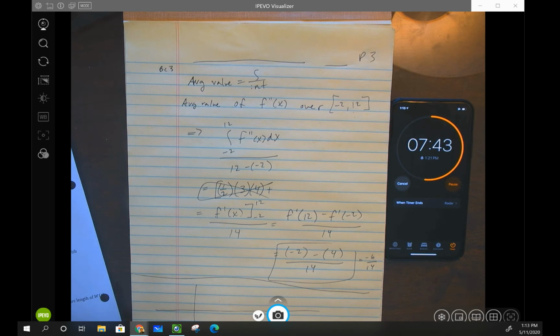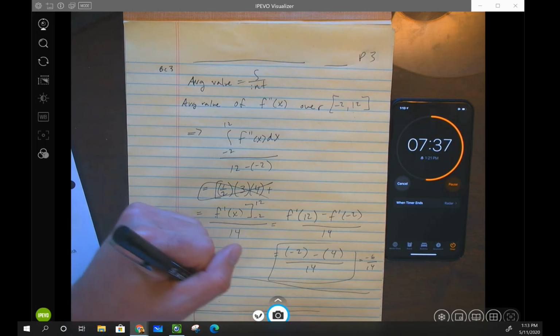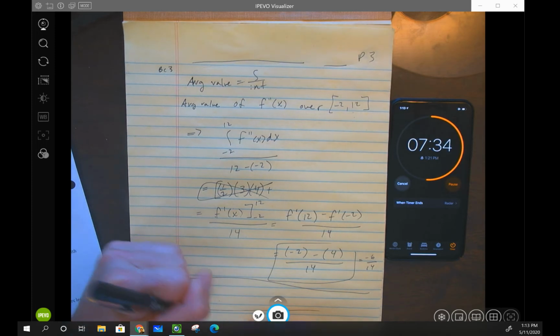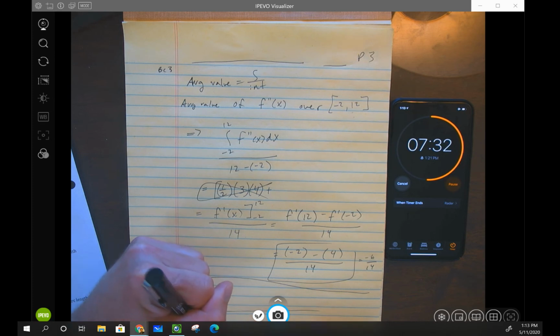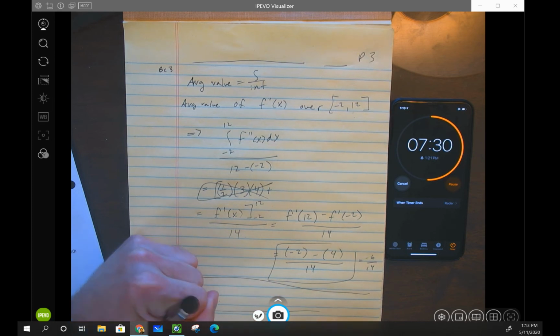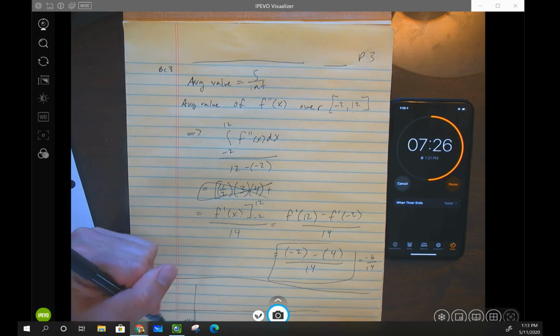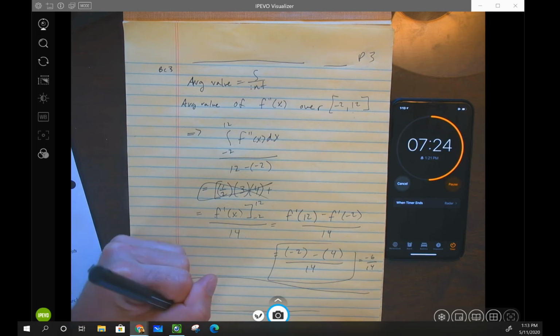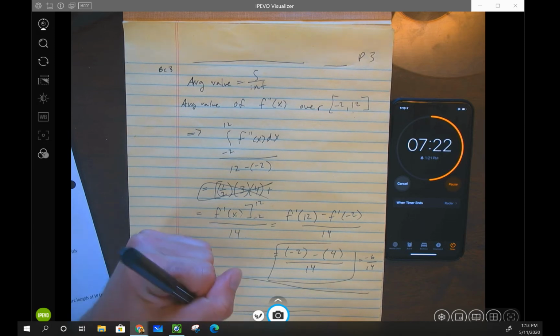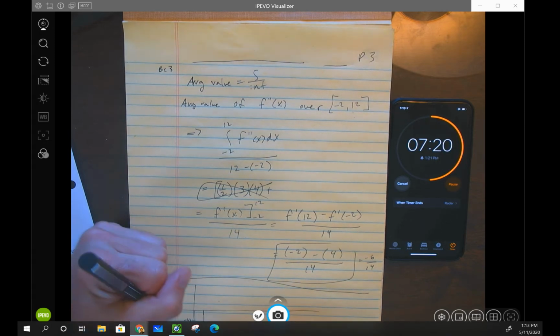So what is the slope of the first segment? It's down 4 over 3, negative 4/3 for the first segment here. And then from negative 2 to 1.